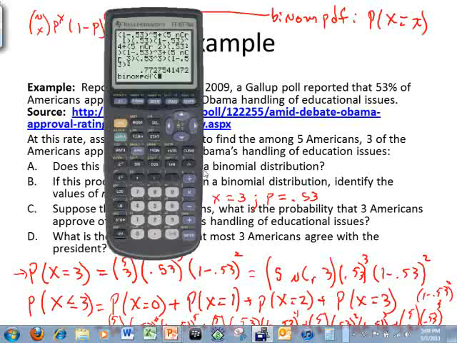So n is 5, comma, p is 0.53, comma, x is 3. Close it and press enter, and there's the answer, the same thing we came up with when we typed it in manually.